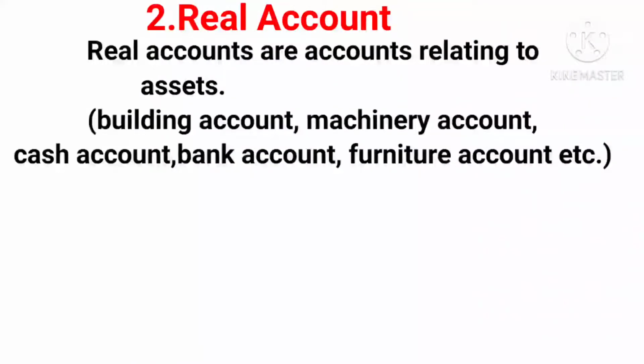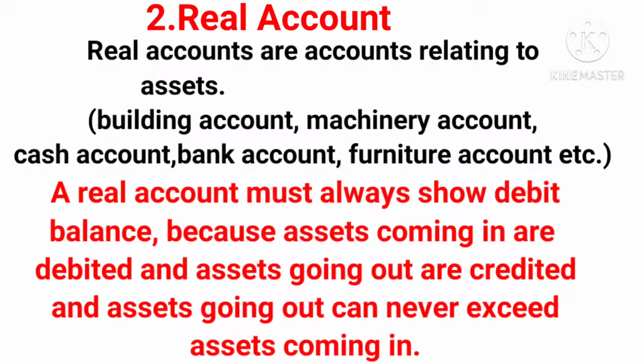Real accounts are accounts relating to asset, that is building account, machinery account, cash account, bank account, etc. A real account must always show debit balance because assets coming in are debited and assets going out are credited, and asset going out can never exceed asset coming in.